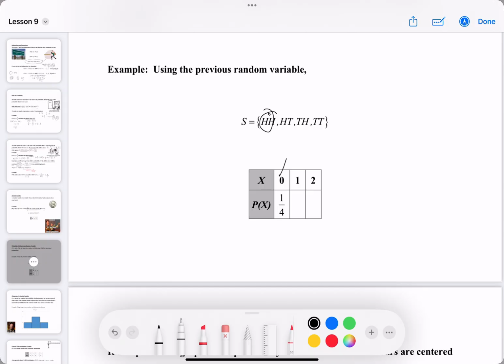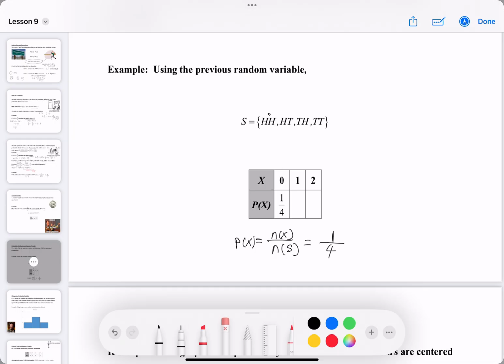And what is the probability? We have learned P of X equals N of X divided by N of the sample space. Sample space has 4 outcomes. And how about the N of X? It is 1 because only this one event has no tails. So it is 1/4.